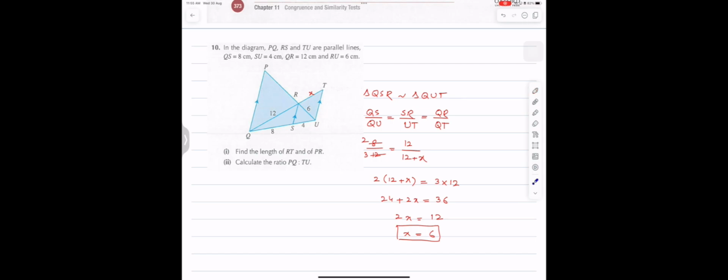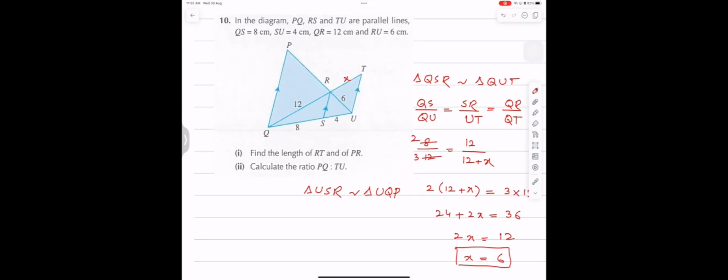Similarly, we can find value of PR if we compare these two triangles, URS, which is similar to UPQ. Triangle USR is similar to triangle UQP. We will use the law of similarity.